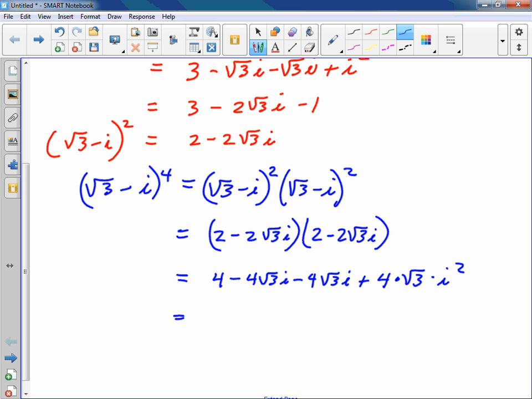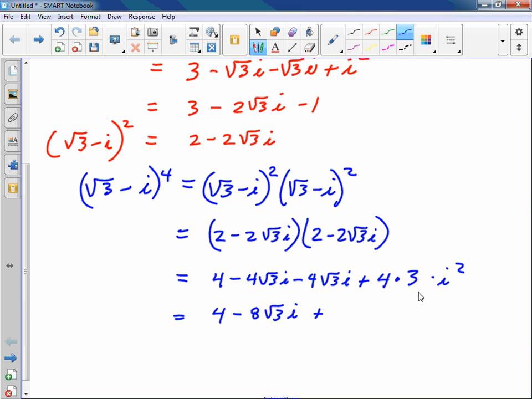This gives us then 4 minus 8 times the square root of 3 i plus, oh wait, I see I goofed up here. You guys, I think I said it right, but wrote it down wrong. Up here, square root of 3 times the square root of 3 is just 3. Don't do that. Sorry about that. Everything else is right.